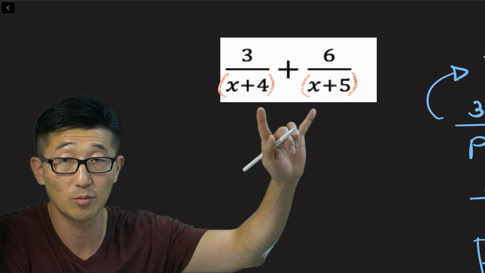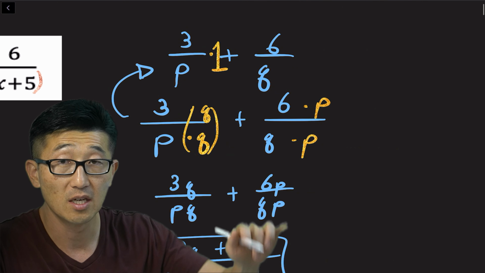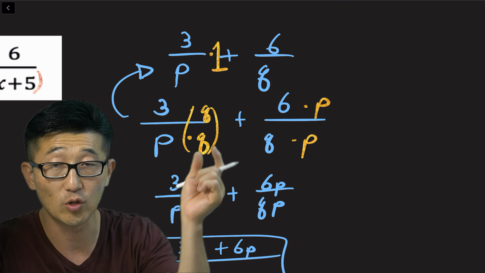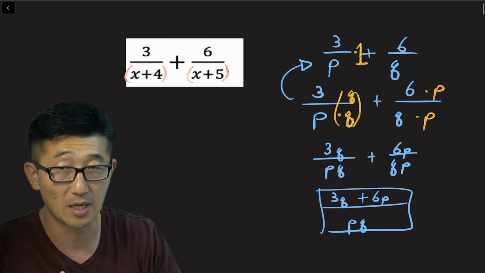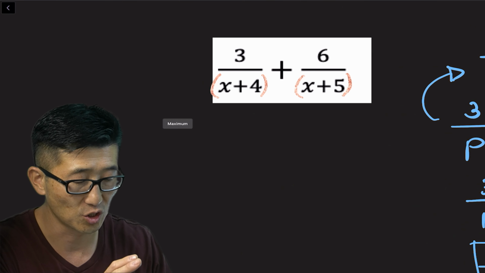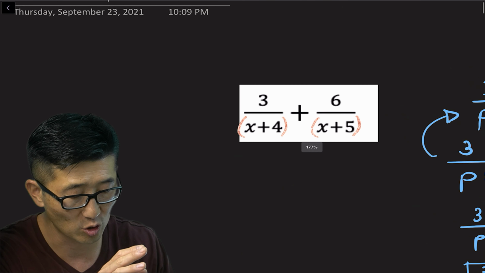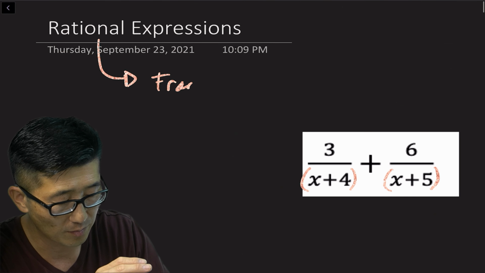Okay, and there are two different numbers, so the common denominator would simply be, like in this case, a p and a q, and all you have to do is multiply p and q together to get the common denominator. But before you do anything, when you work with rational expressions, and by the way, for those of you who don't know what rational expressions are, it's a fancy word for fractions, okay?